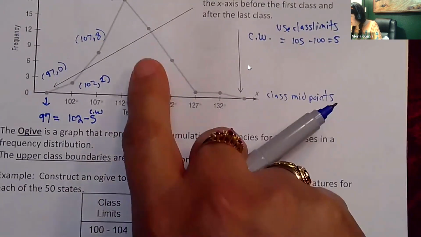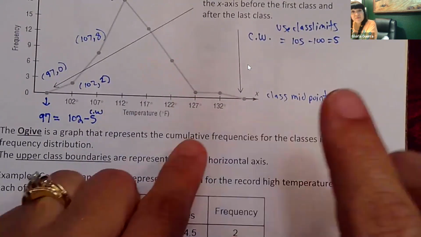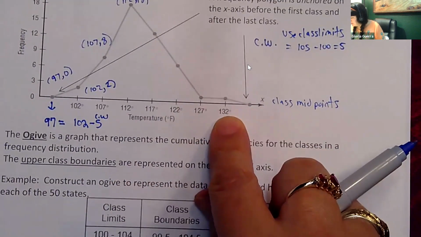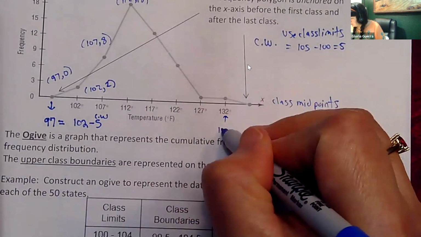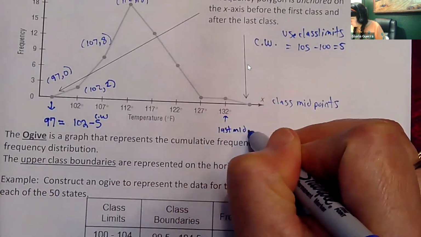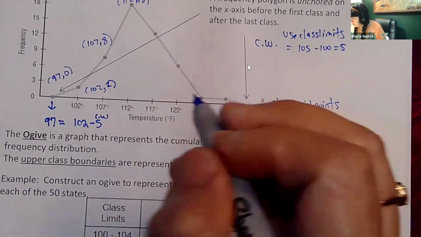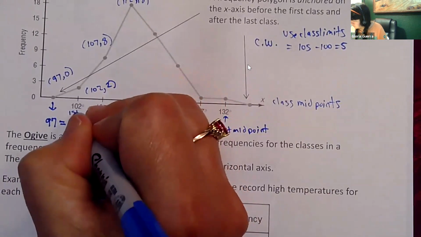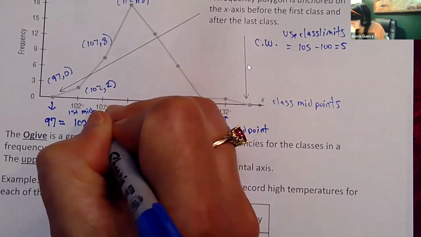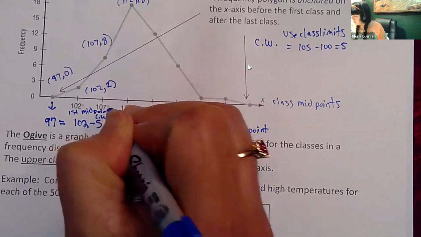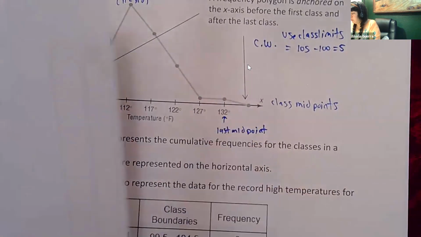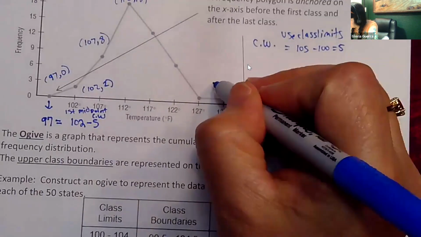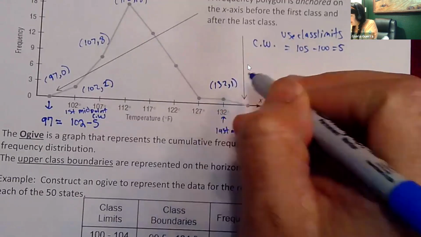But when you start coming down this way, you see how you have to anchor it? This 132 is the last midpoint, whereas 102 was the first midpoint. This one's the last midpoint, 132, and the frequency is just 1. So you have to anchor it.